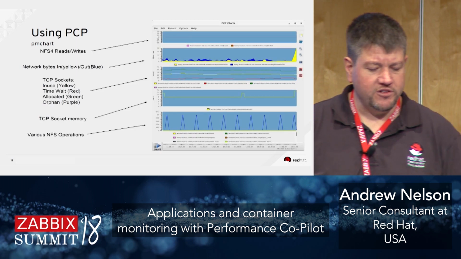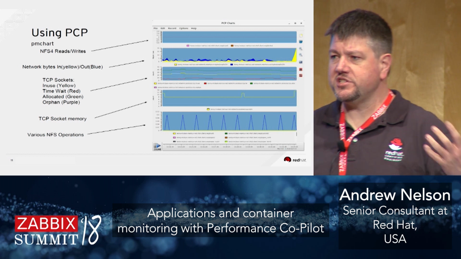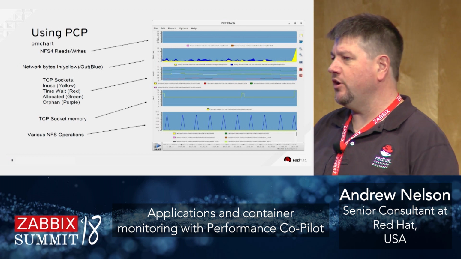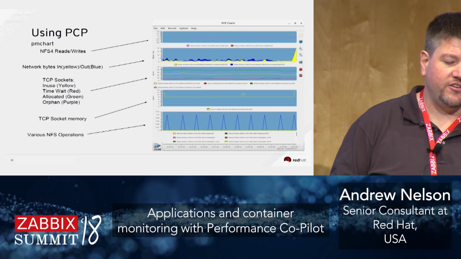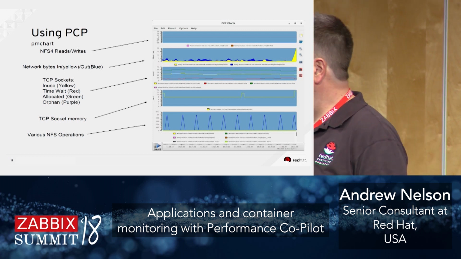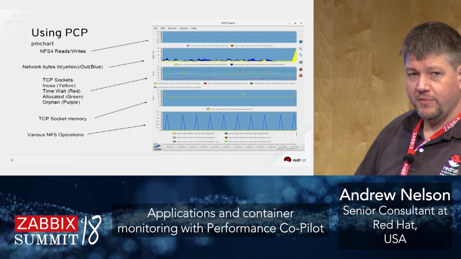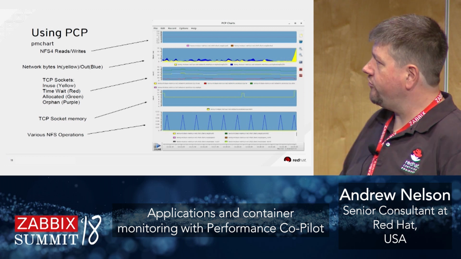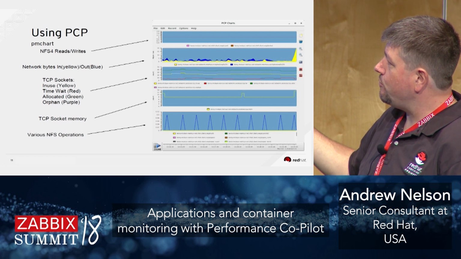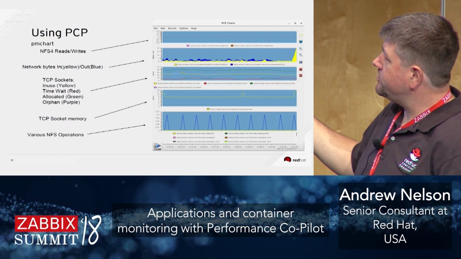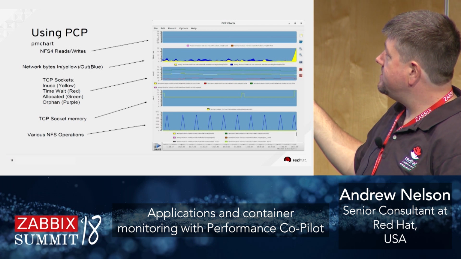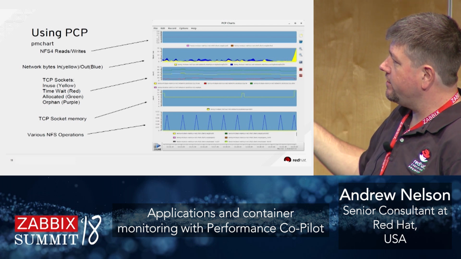Here's another example. So let's look a little deeper. This is basically having a look at some NFS stats. A lot of us have had to do some performance tuning and analysis of our NFS. So at the top, we've got our reads and writes that are coming across. This is from the client looking outward. So our reads and writes coming across, so not really much there. Network bytes in and out, we're starting to get a little bit more here.